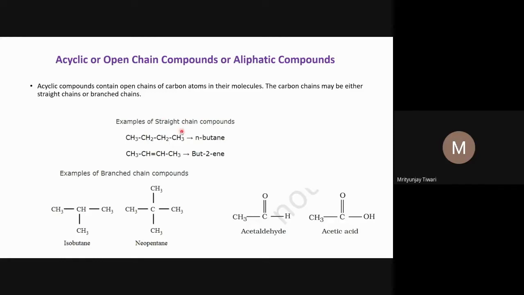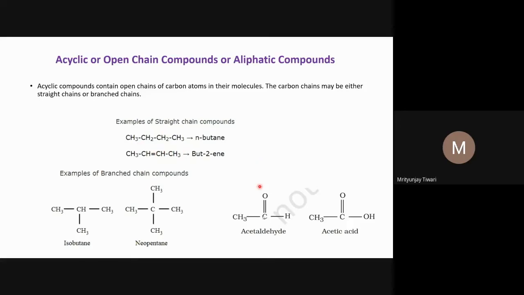For example, the straight chain compounds: n-butane, CH3, CH2, CH2, CH3, or 2-butene, CH3, CH, double bond, CH, CH3. These compounds may have single, double, or triple bonds between carbon atoms, or they may also contain heteroatoms in the chain.